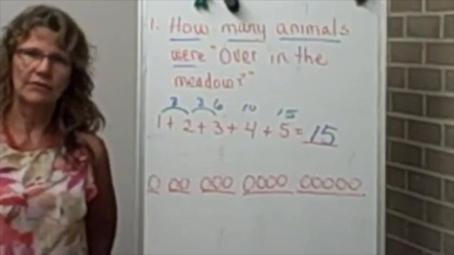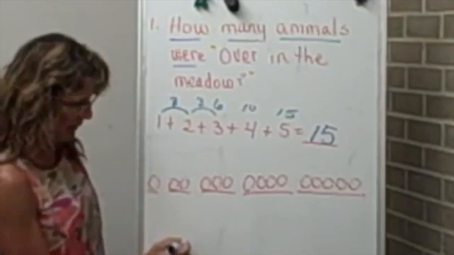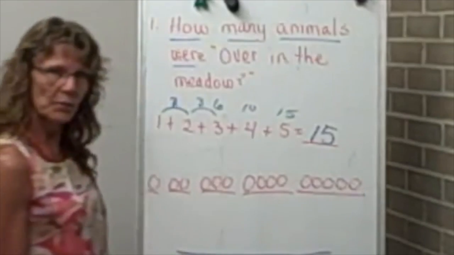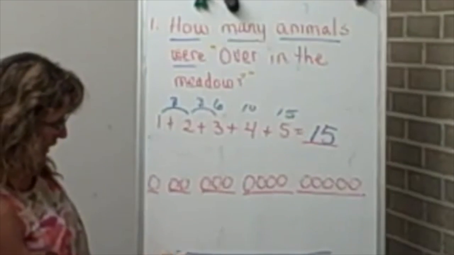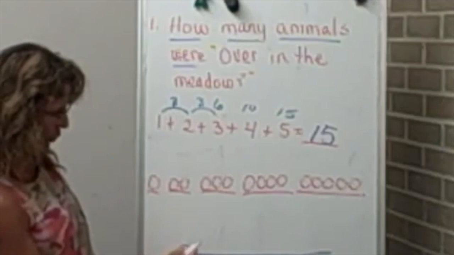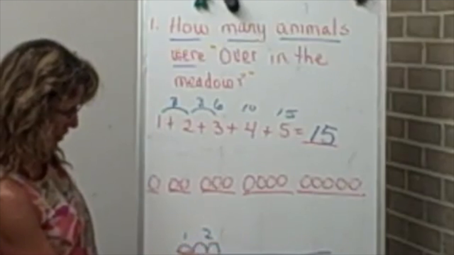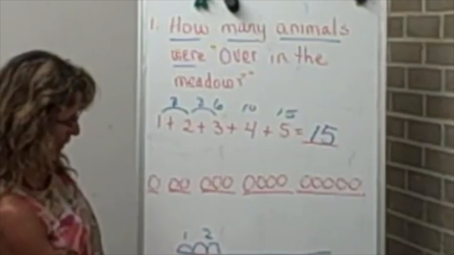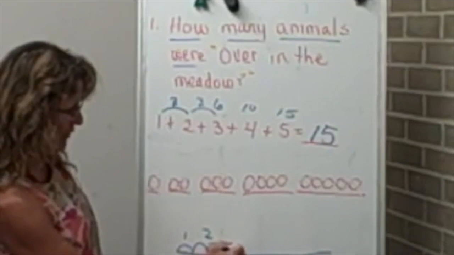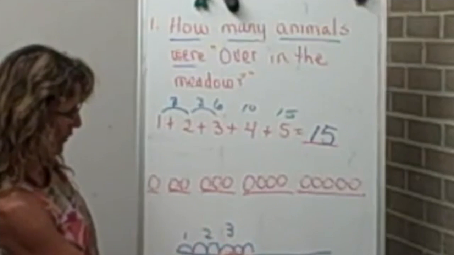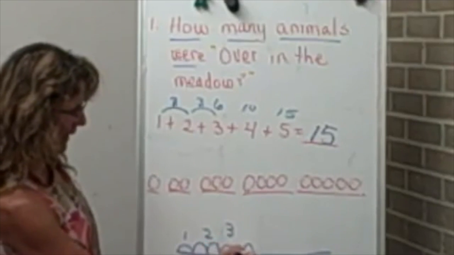Kids will have lots of different ways to think about that. Some kids might use a number line if they've had a lot of experiences with a number line, and they might start at 0, and then I added 1 for the turtle, and then I added 2 more for the fish, and that got me to 3. And then I added 1, 2, 3 more for the birds, and that got me to 4, 5, 6.